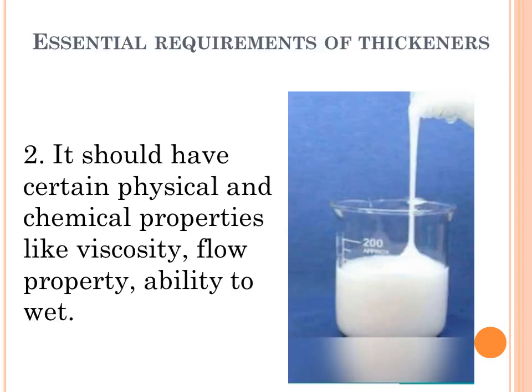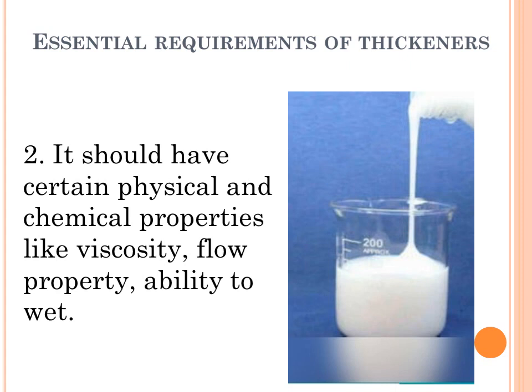The next essential requirement of a thickener is that it should have certain physical and chemical properties like viscosity, flow property, and ability to wet the surface. Viscosity, we know, is nothing but resistance to flow. So it should provide appropriate viscosity to the print paste.